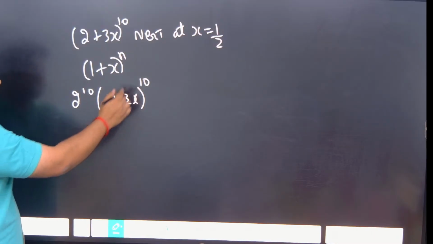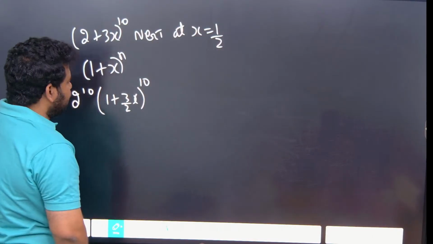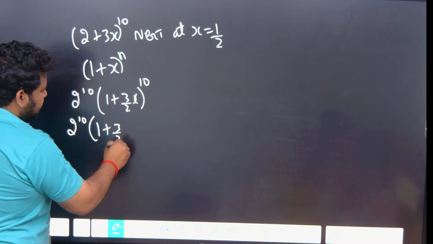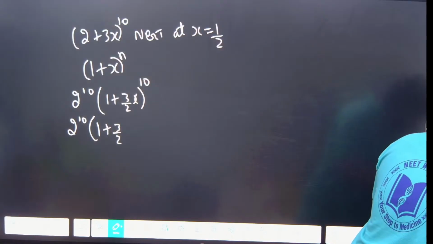They are asking at x is equal to 1 by 2. So what can I put? 2 power 10 into 1 plus... Is the question correct, should x or y come? I will just check.